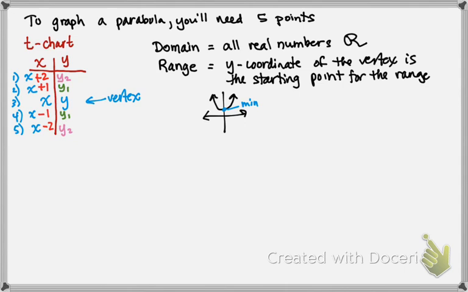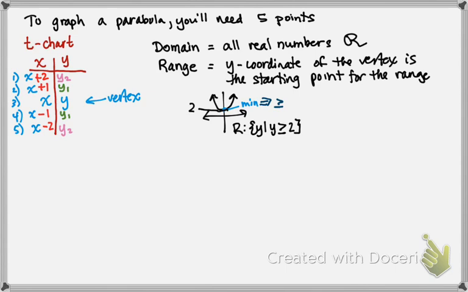So for us, our range would be the y values such that y is greater than or equal to 2. And it's always a greater than or equal to. So anytime you have a minimum, it's going to be greater than or equal to for your range.